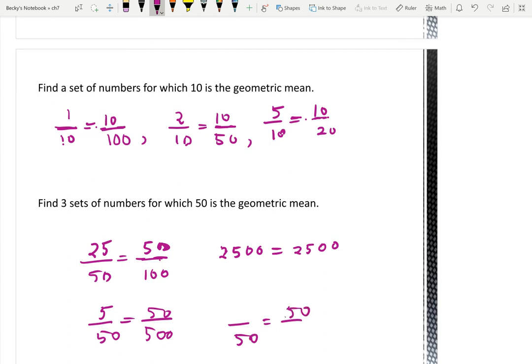So 2,500 divided by 50. Oh, I guess technically that works. 1 and 2,500. I'm not going to use that one. That one's silly. Okay, 2,500 divided by 2. 2 and 1,250. Okay.